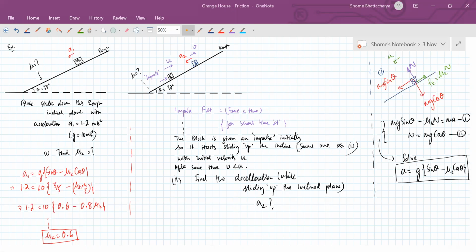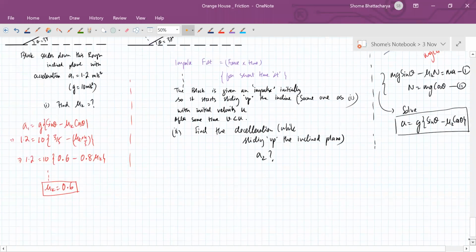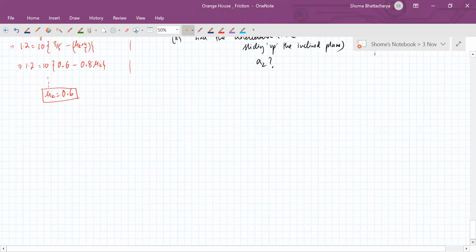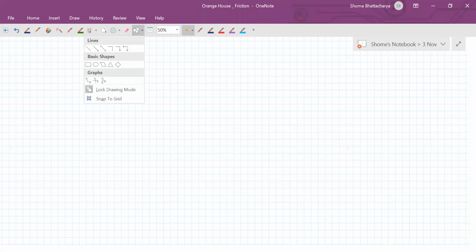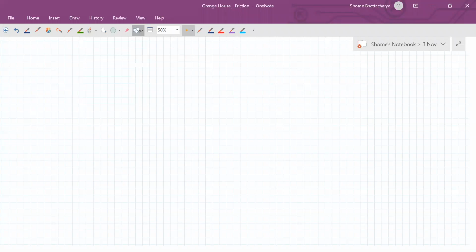Okay, anybody got the deceleration in the second part? So let me just explain how the friction is acting in the second part.